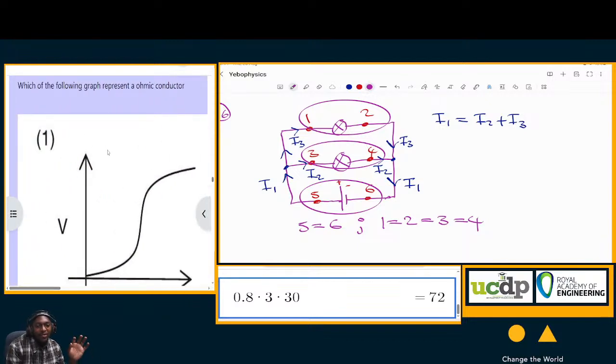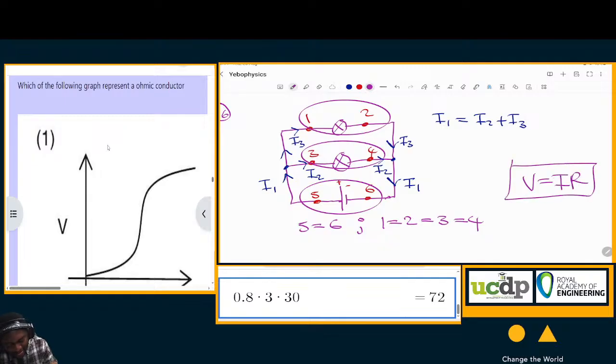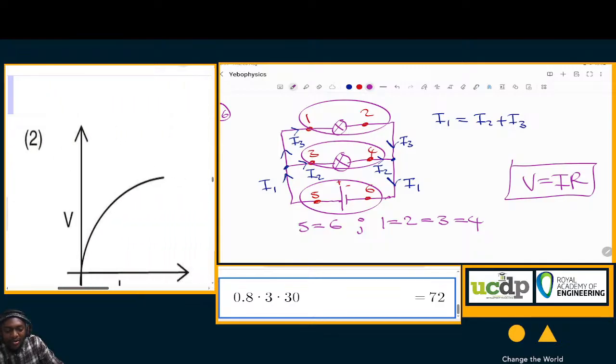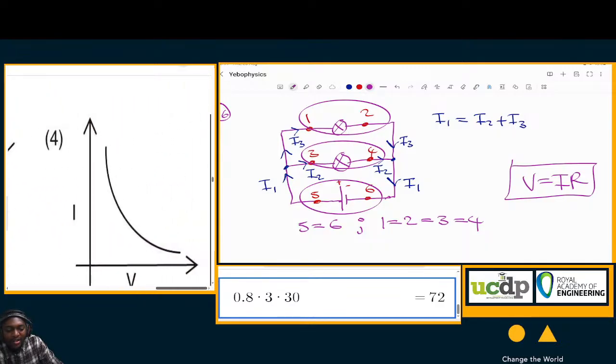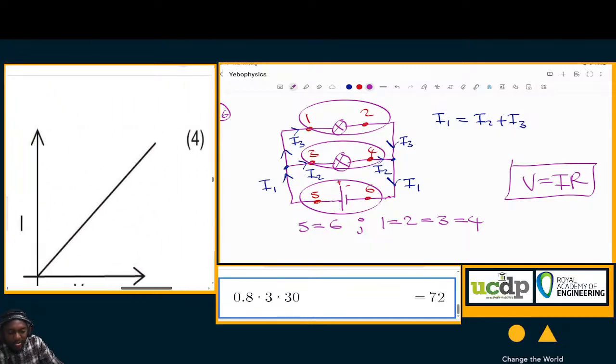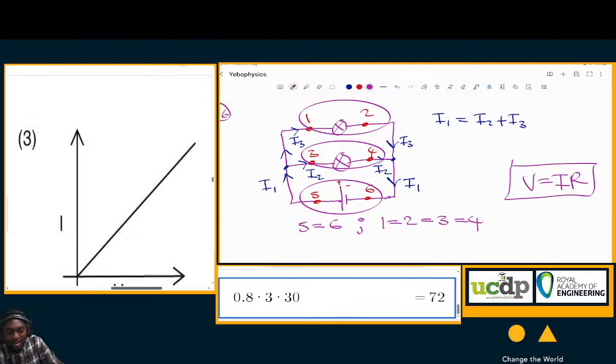Remember ohmic from Ohm's law, which is V equals IR. So already there is a hint there. You're looking for the one that has got a linear relationship. So that's a linear equation. No intercept.